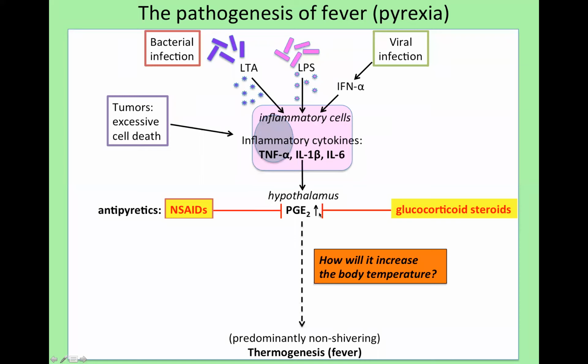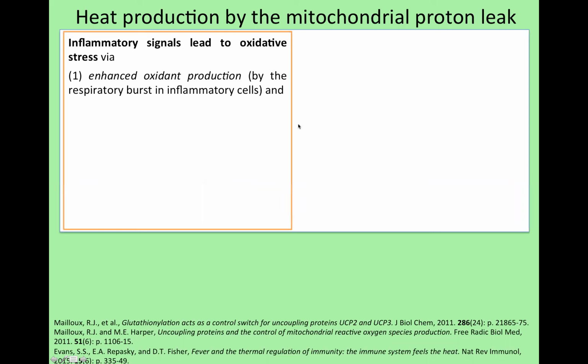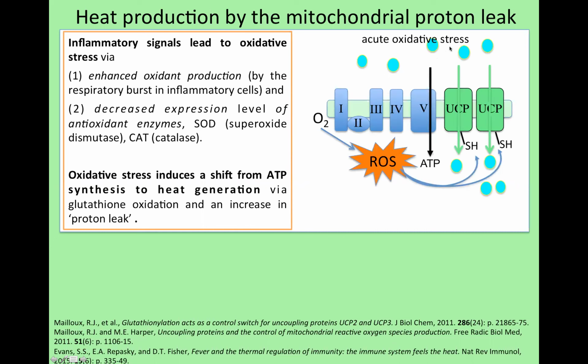So how will it induce fever? Naturally, almost the same way as our normal heat production works. We do use oxidative stress in this case to activate the uncoupling proteins in the muscle cells. And by using up the mitochondrial potential for thermogenesis, it will not produce that much ATP, but will dissipate heat.